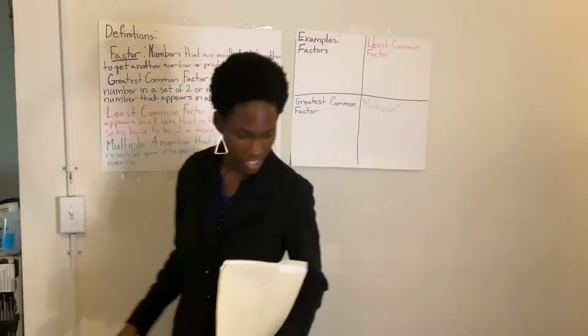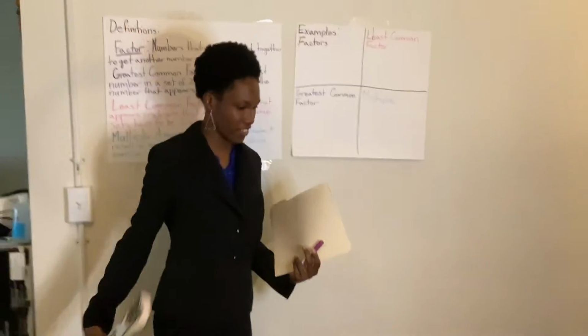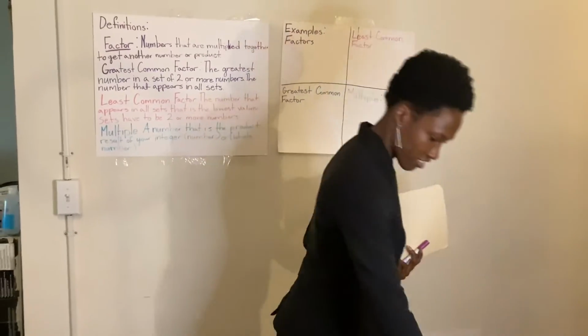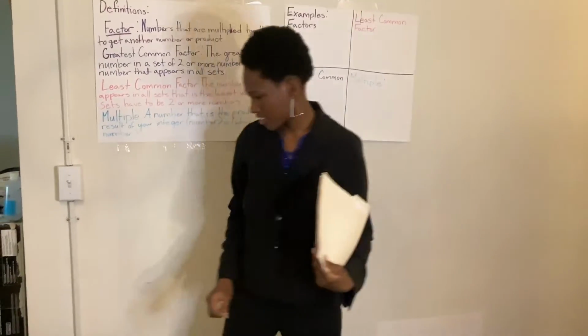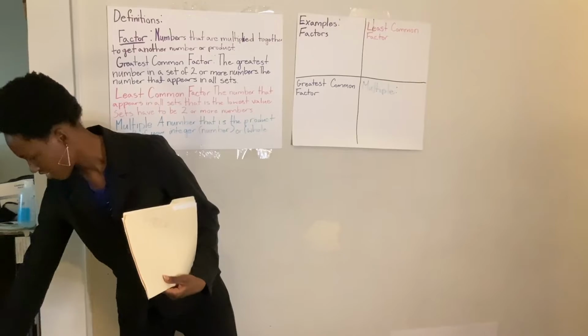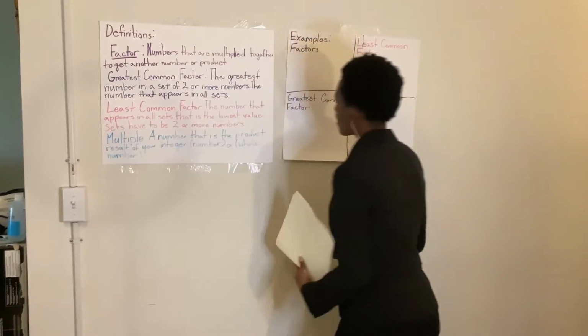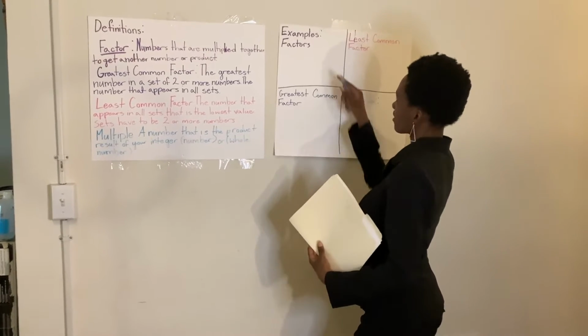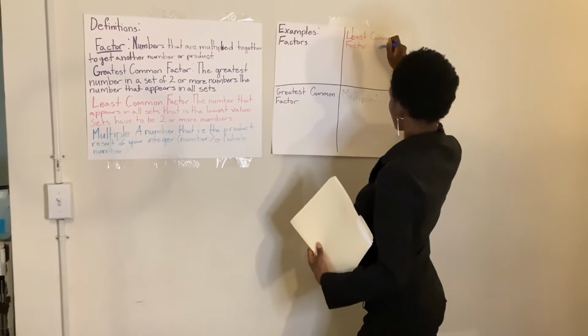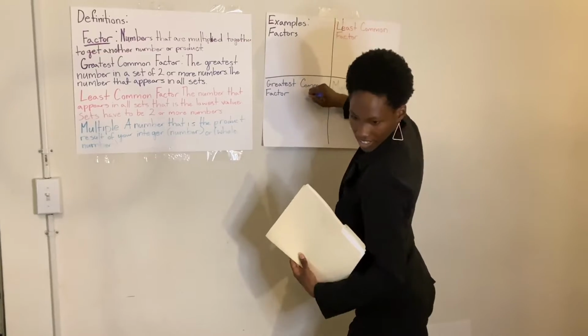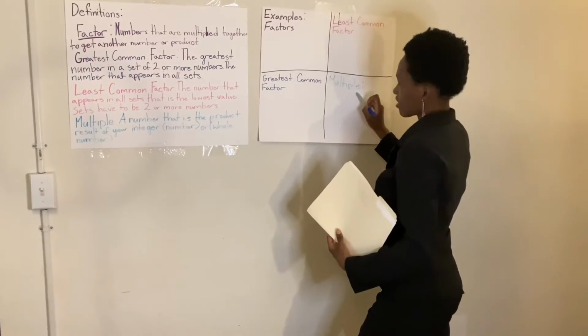All right, guys. So now that we just handed out these textbooks, we're going to go to page 43. In that, there are examples of factors, least common factor, greatest common factor, and multiples.